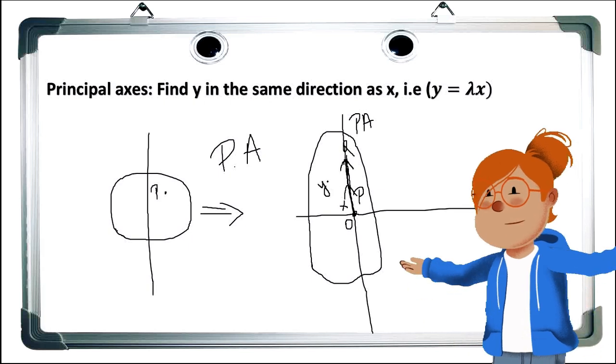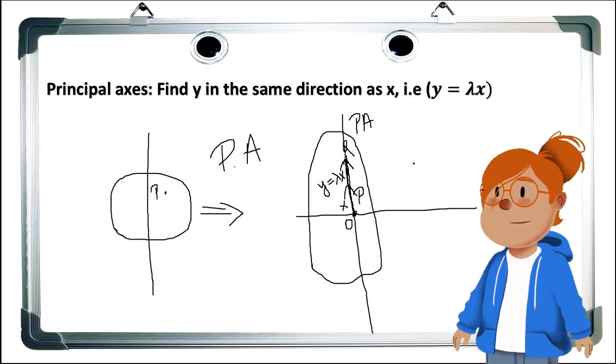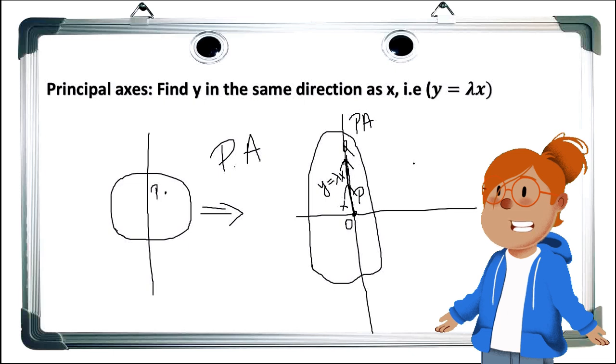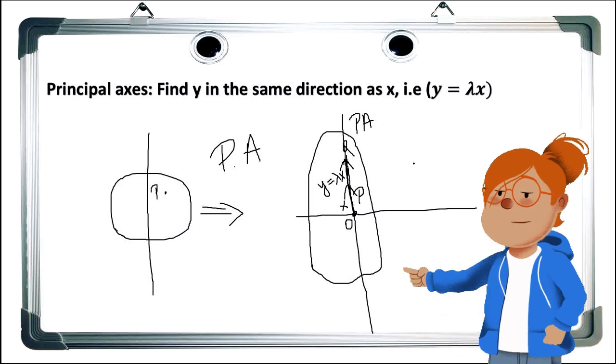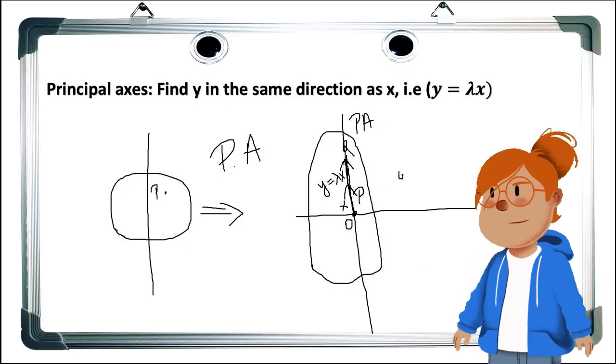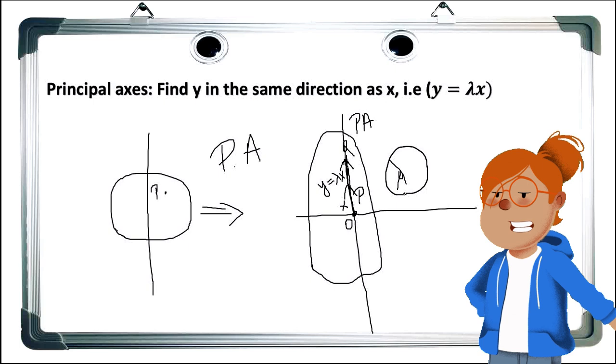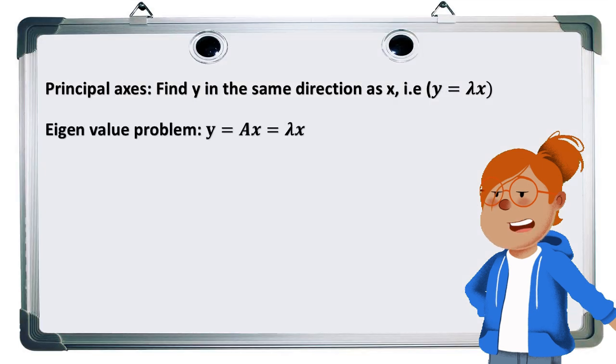That is, you should get the position vector representing Q, that is y vector, when you multiply x vector by a constant. This constant can be lambda, which is our eigenvalue, and this position vector is nothing but the eigenvector.